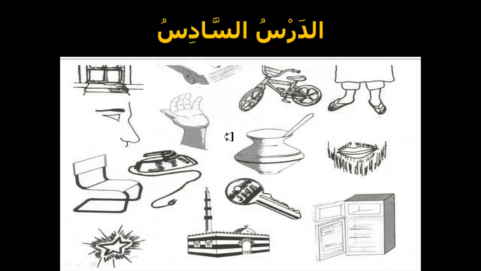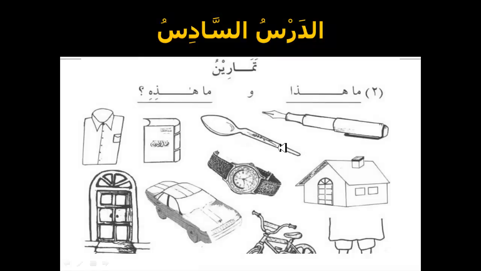If I say or ask you ما هذه, look where I'm pointing, ما هذه, then the answer would be هذه ملعقة. This is a spoon. هذه ملعقة. So therefore, depending on the object, the question will be phrased in masculine, ما هذا or ما هذه.